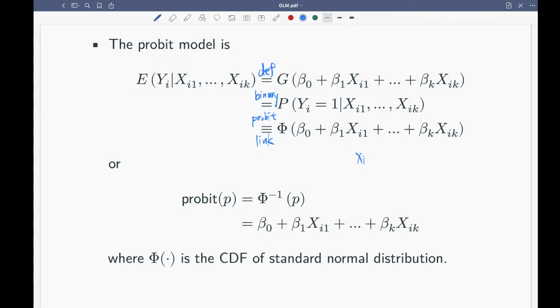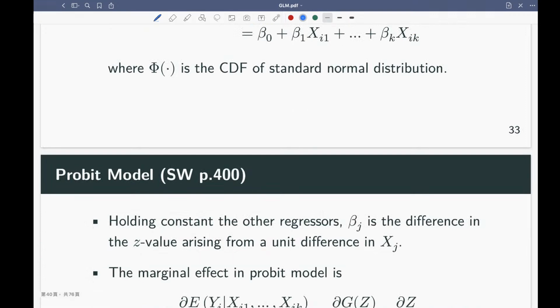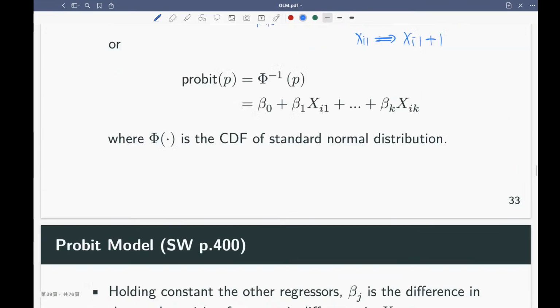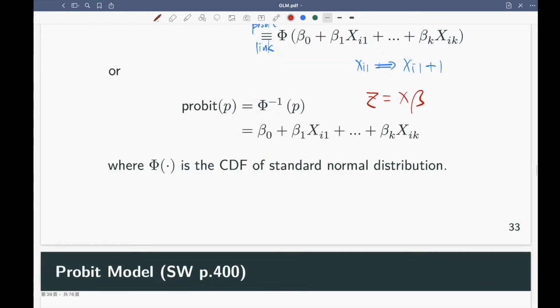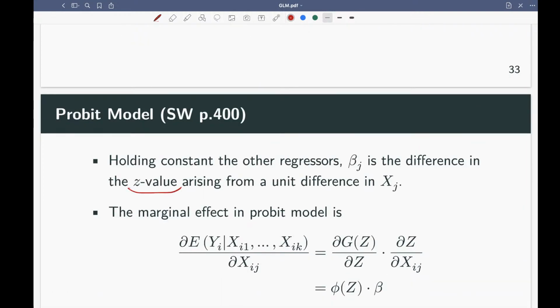If xi1 changes to xi1 plus 1, it changes the z value, and z value is defined by x beta.